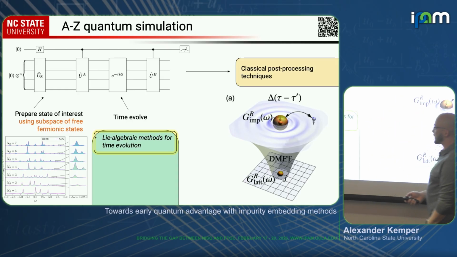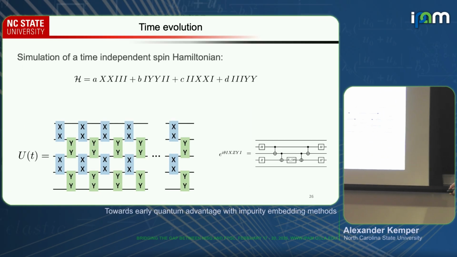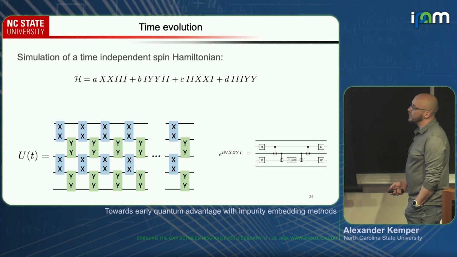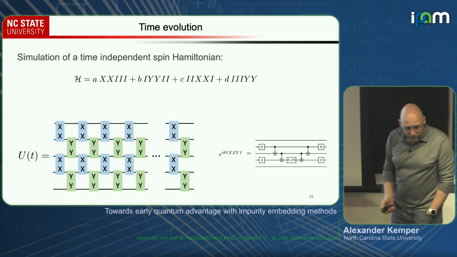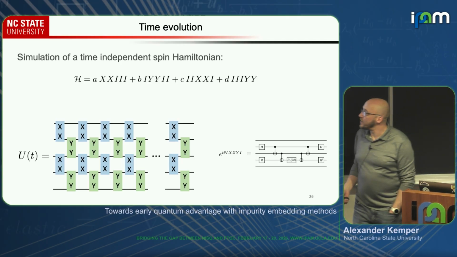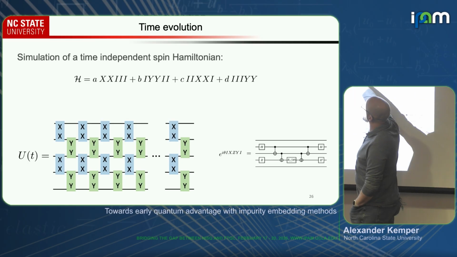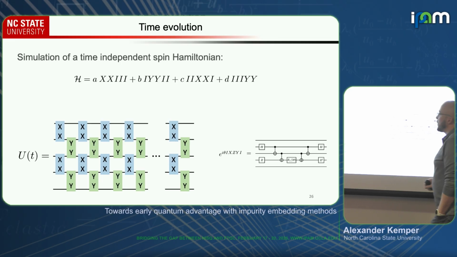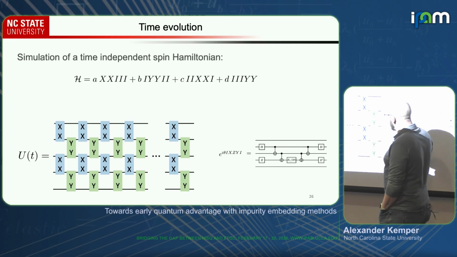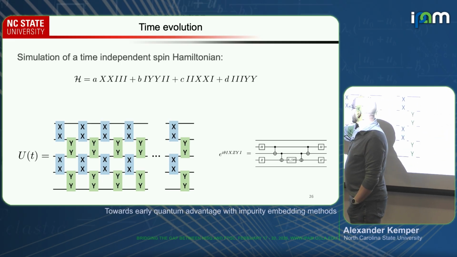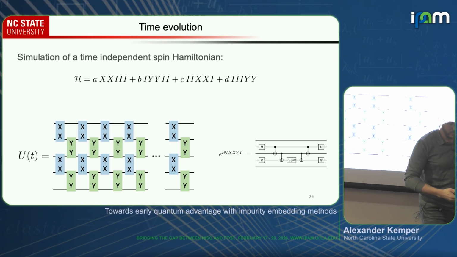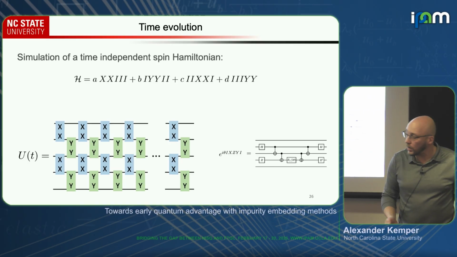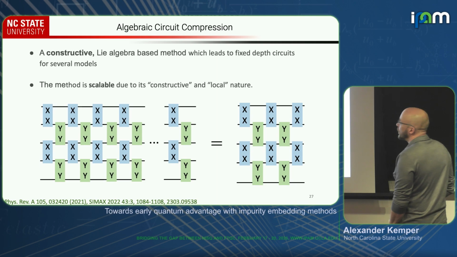So I don't have time to talk about this in detail, but there are some clever tricks that you can play with time evolution. In particular, if you have Hamiltonians of this form, for example, an XY model, where maybe I want to do trotterized time evolution that looks like e to the xx, e to the yy, the sort of standard things, these things are compressible.